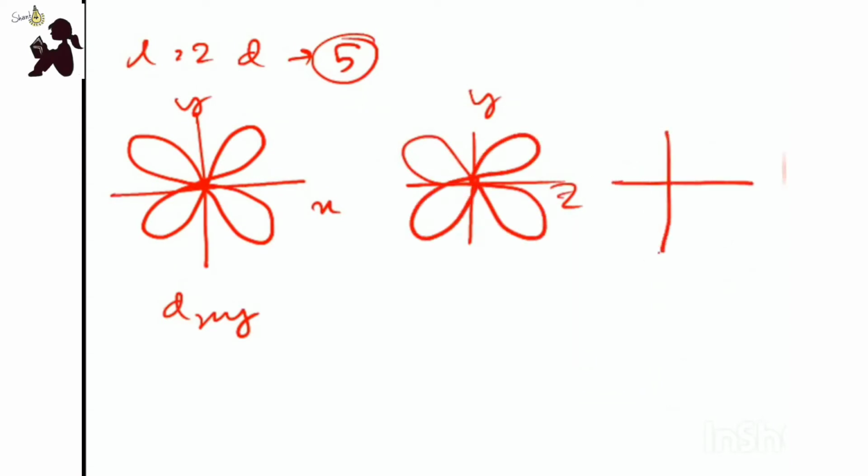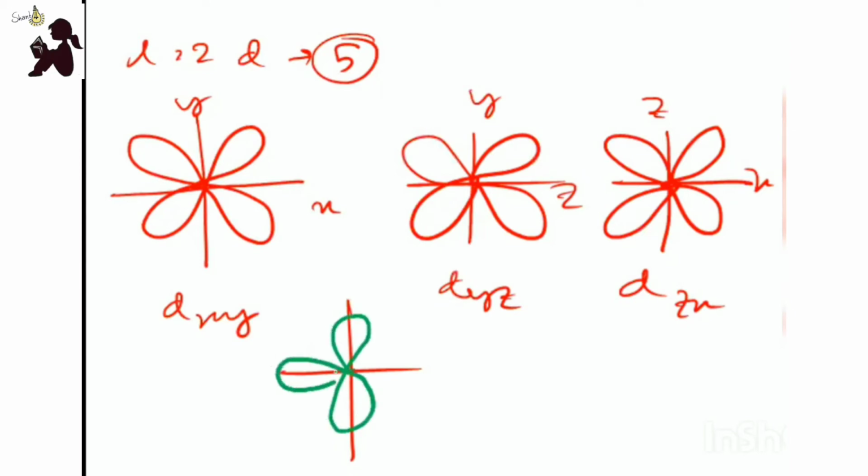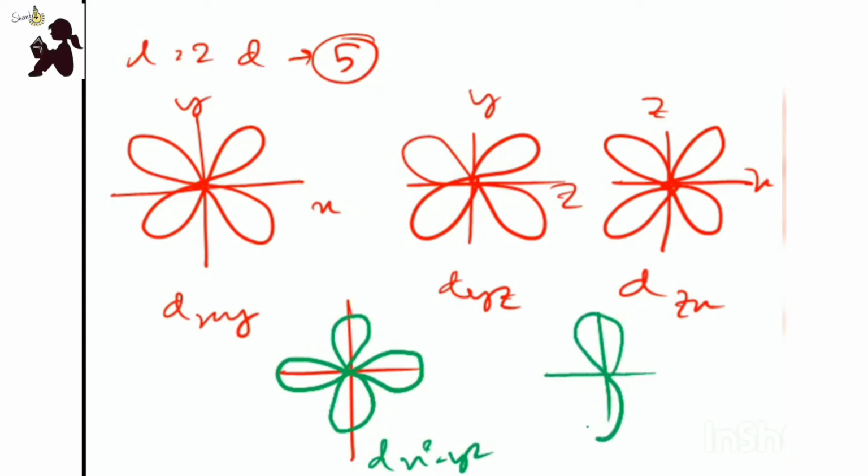Third is our dzx. It comes like this. Fifth is dx square minus y square. It goes through the axes. And last and most important, dz square.